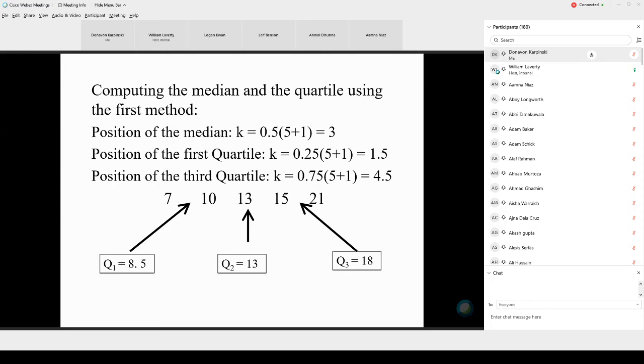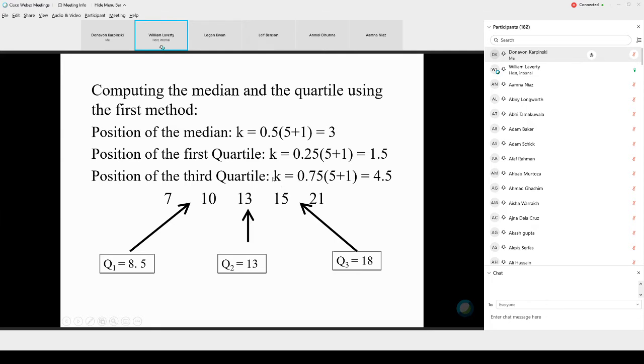If you use the first method, you compute the position of the median. It's 0.5 times n plus 1, which is 3. It's the one that's in third position. Compute the position of the first quartile. That's 0.25 times n plus 1, 1.5. That'd be the average of the first and second observation.